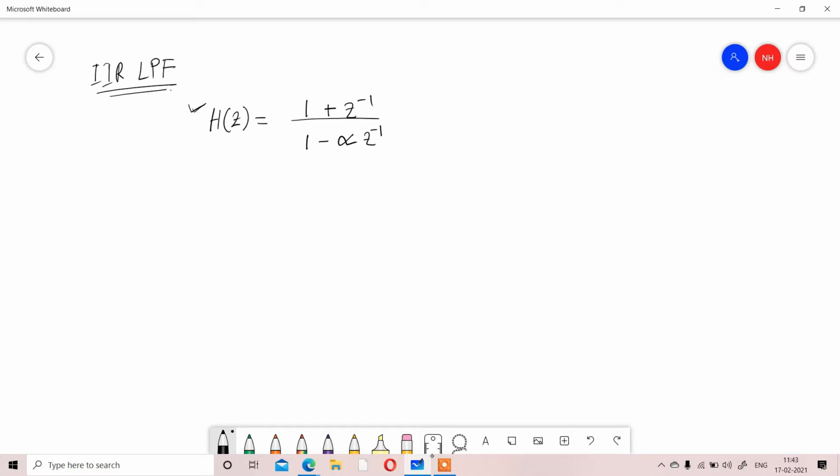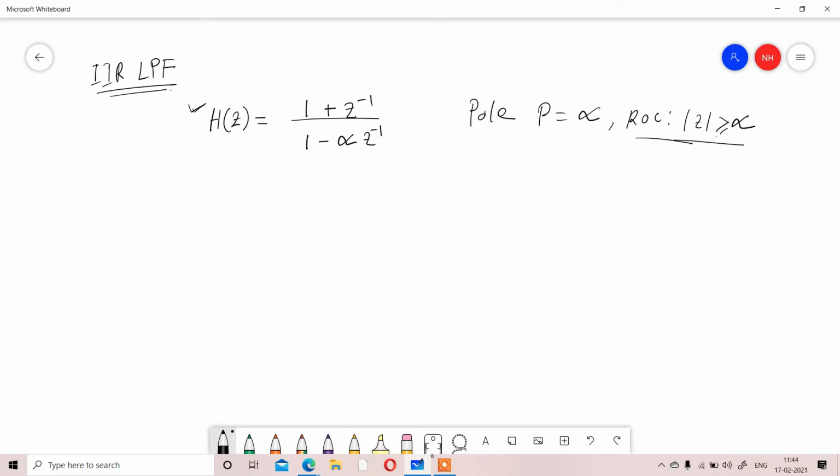Simply, the pole, if we consider for this case, is alpha, and if we consider the ROC of this system, ROC is given by mod z greater than or equal to alpha.